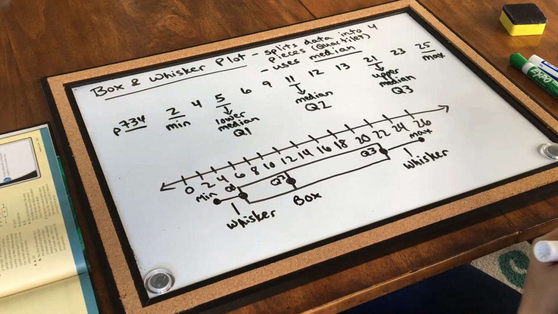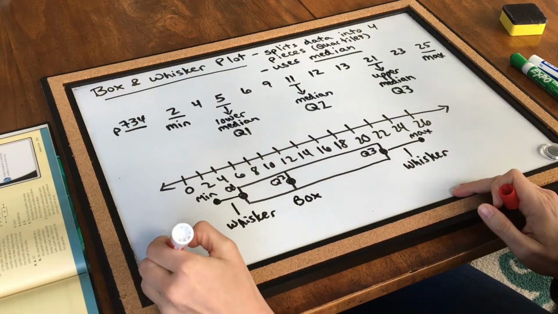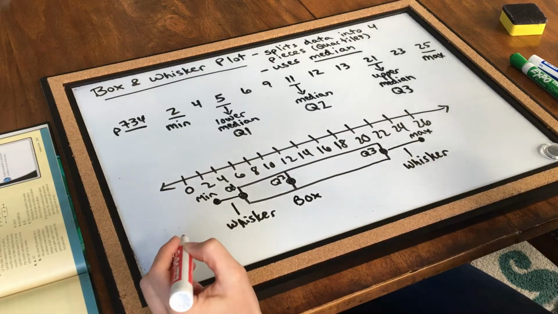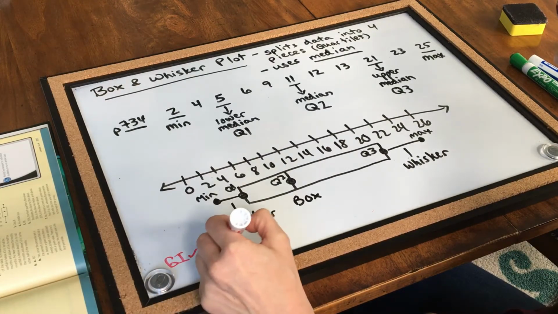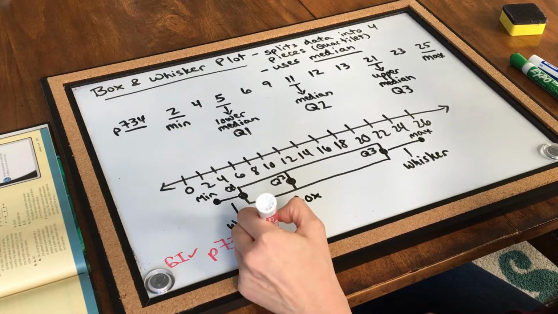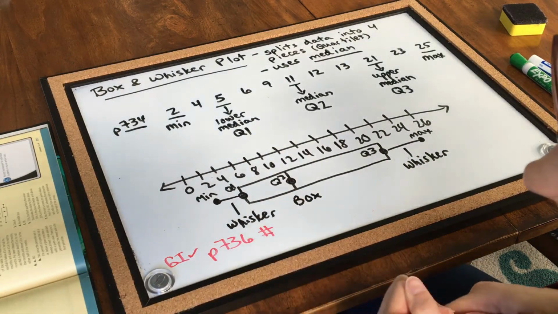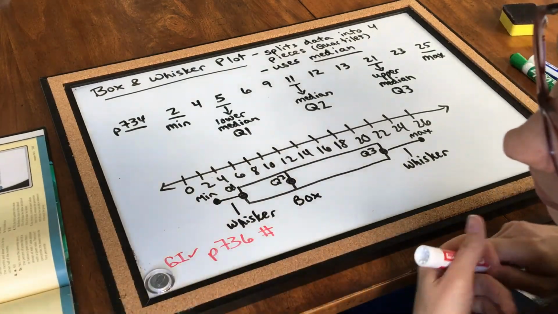Okay, it is time for your gotta check. So remember, your gotta check is on page 736, and we're doing gotta check number 2. Okay, in this case, we have a lot fewer data points.